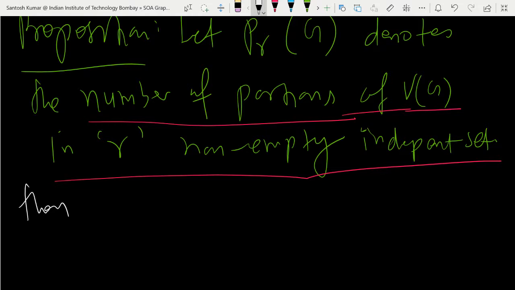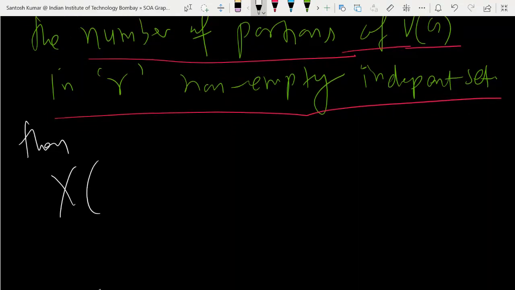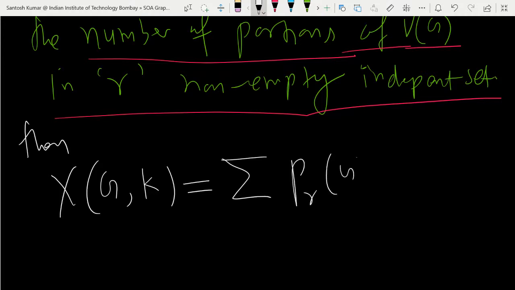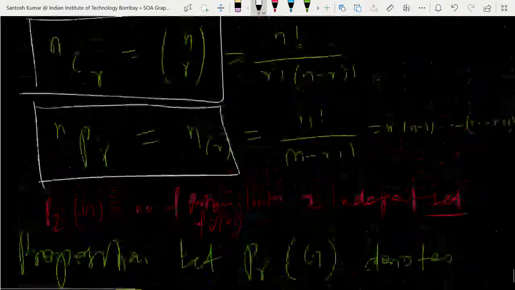Then the number of proper colorings of graph G using k colors, which we call the chromatic polynomial, will be equal to the summation of Pr(G), the number of partitions of the vertex set into r non-empty independent sets, times kPr. So kPr, k suffix r, this notation I used.